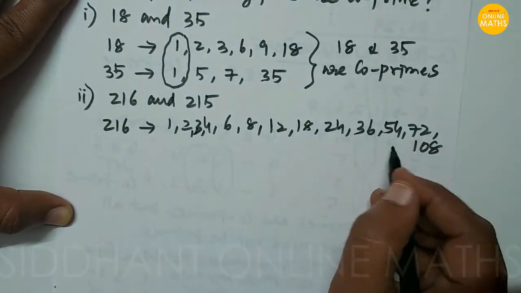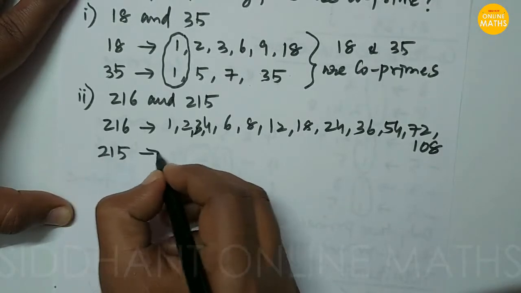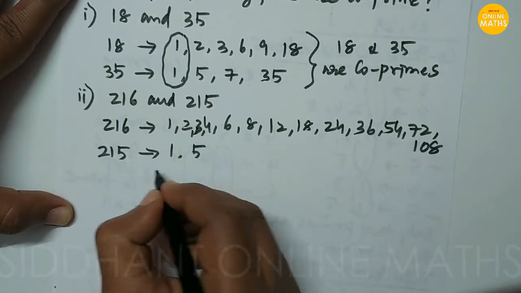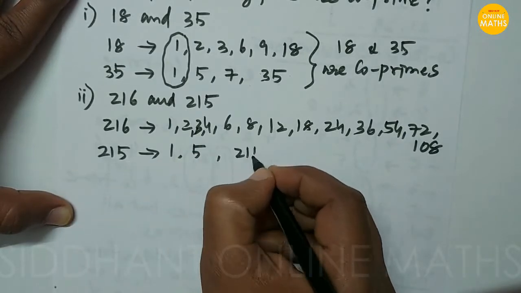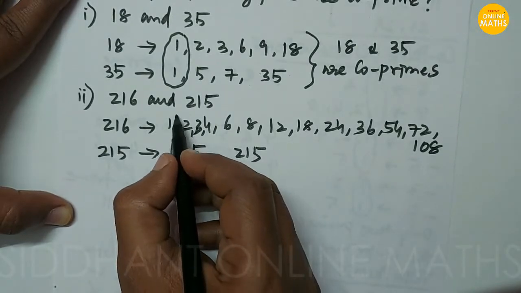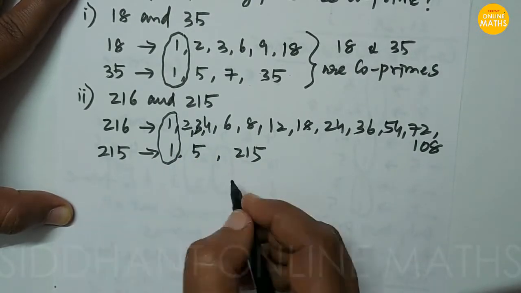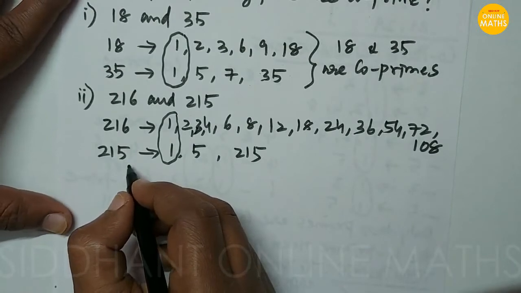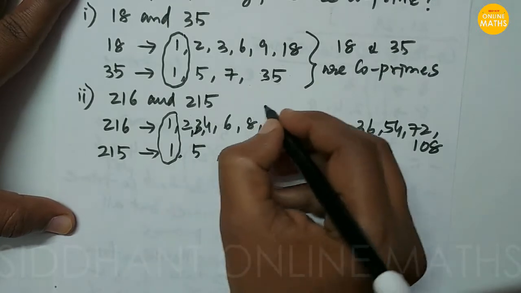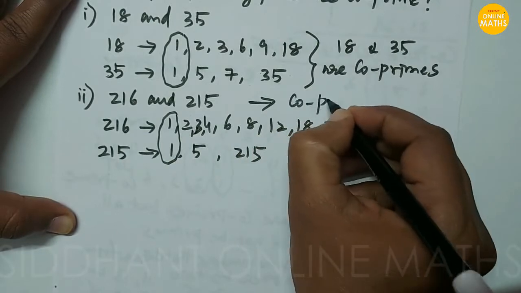These are some of the factors of 216. Now 215: 1 is the common factor, after that it will go by 5, and 215, the same number. The common factor is 1 only. Because the unit place is 5, we get few factors with this number. So only 1 is the common factor, and we can say that 216 and 215 are co-primes.